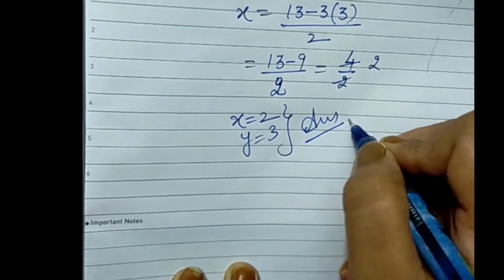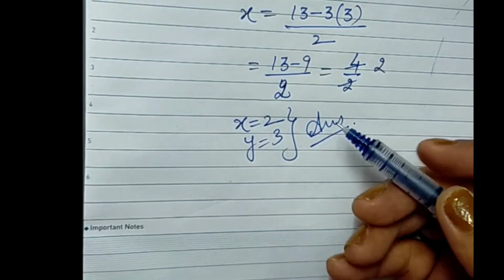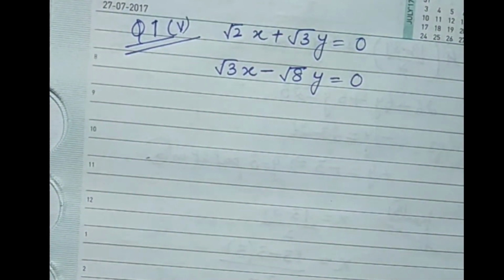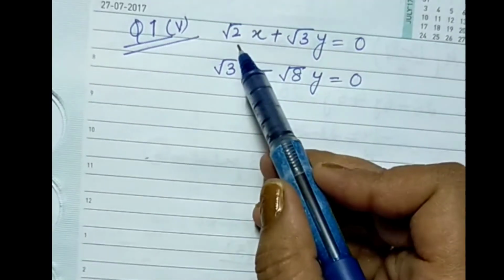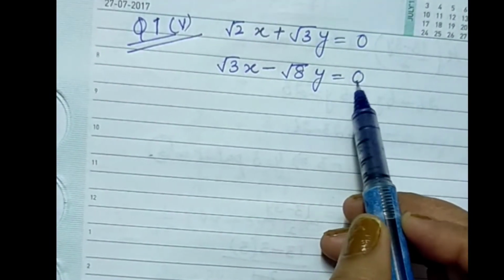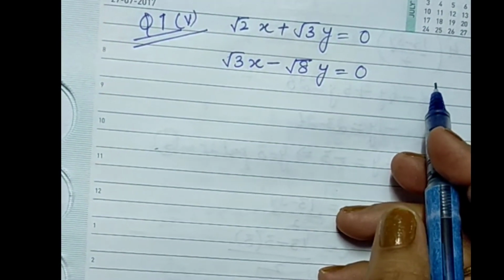You can put these values in the first and second equation and check the answers as well. So let's continue with the fifth part now. First question, fifth part. Here root 2x plus root 3y is 0 and root 3x minus root 8y equals 0. Almost the same type of values.